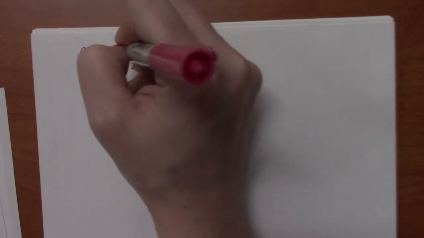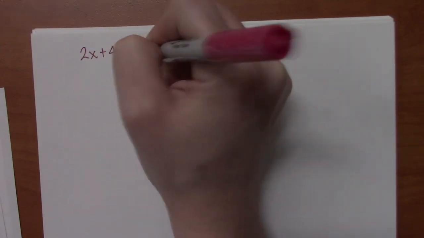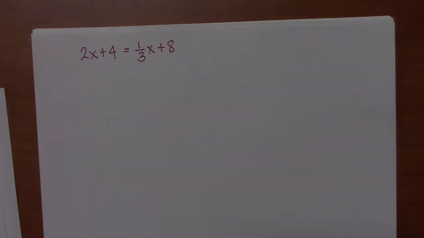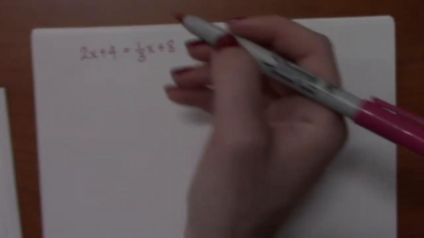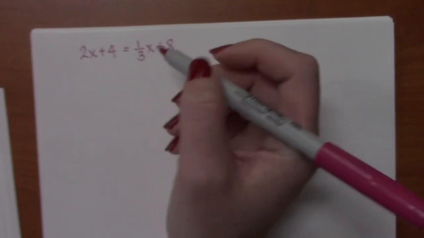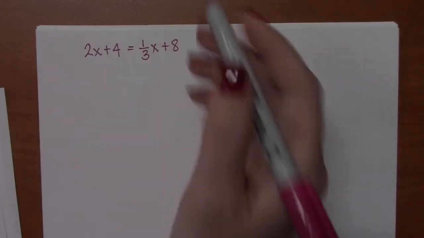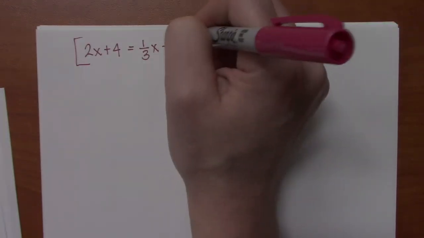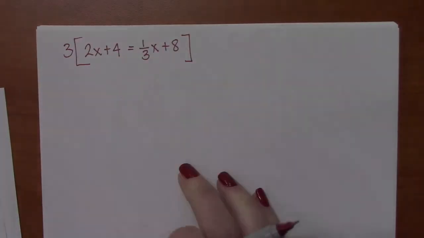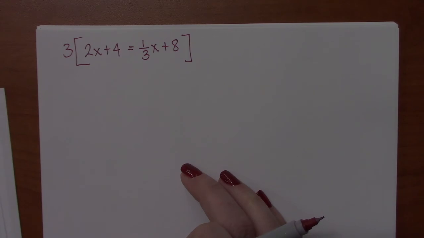So if we set these equal to each other, we have 2x plus 4 equal to 1/3 x plus 8. Now we want to get like things together. Once again, I don't want to deal with any fractions, so I can use my algebra hack and multiply the whole equation by a common denominator, which is 3.